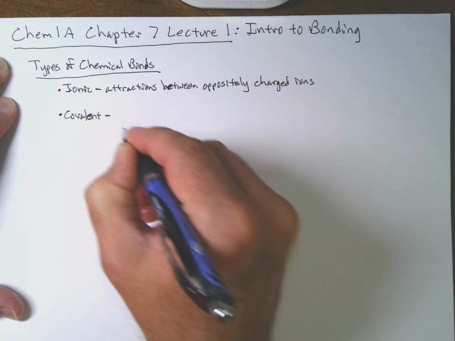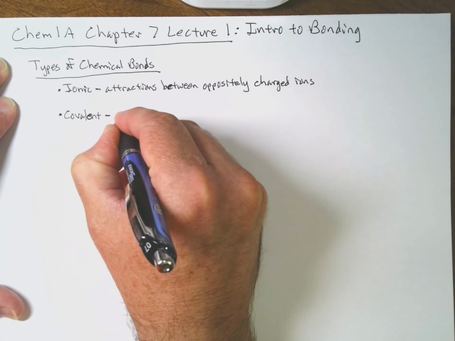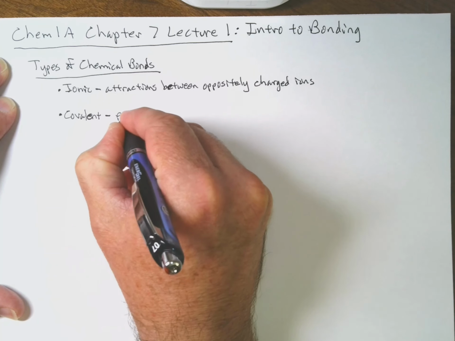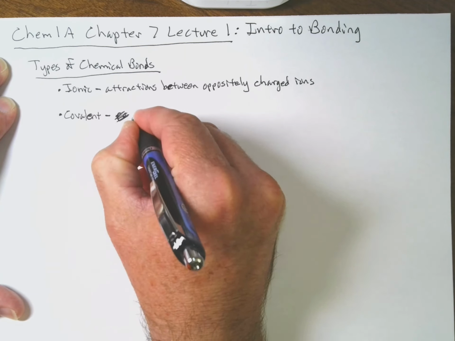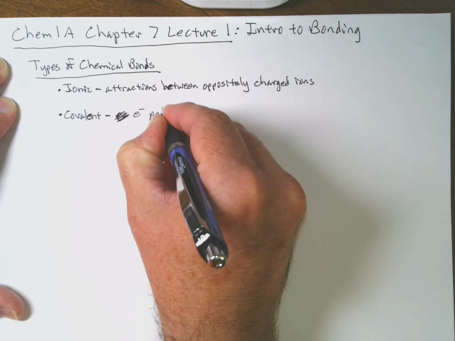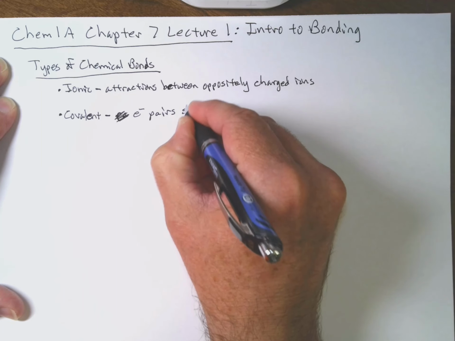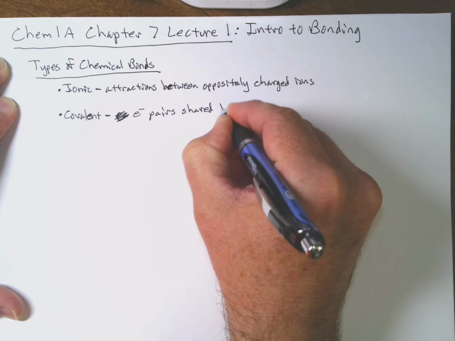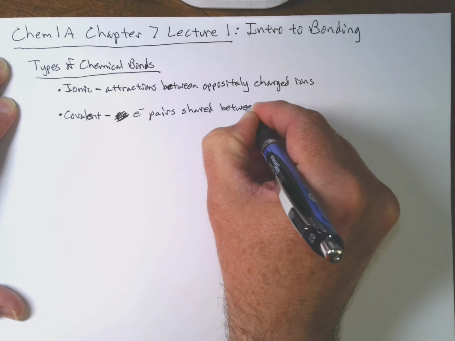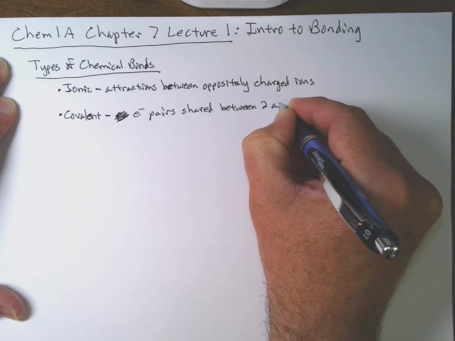Covalent bonds are where we have, let's say, electron pairs, and I'll abbreviate electron with an e-, electron pairs shared between two atoms.